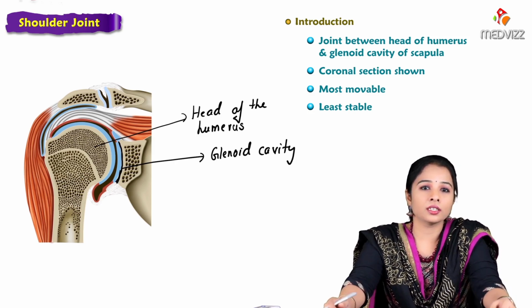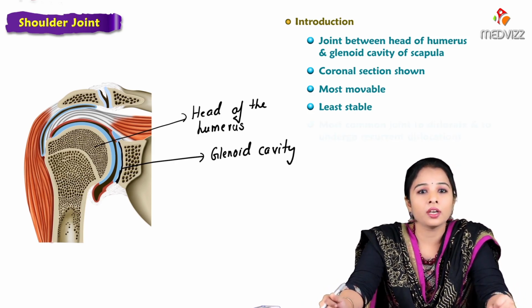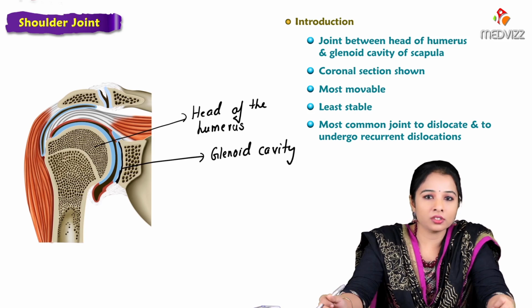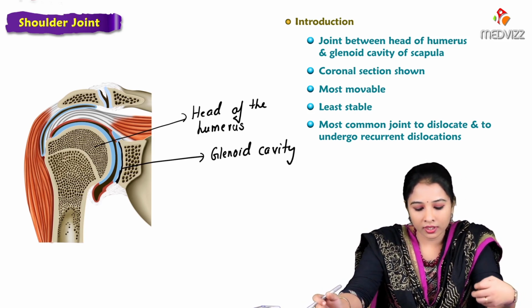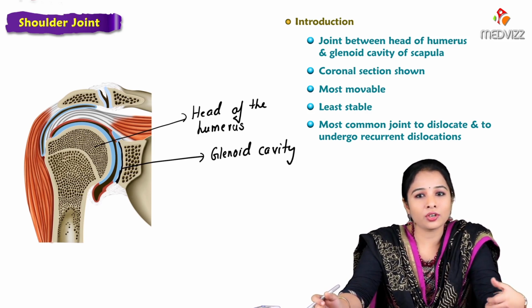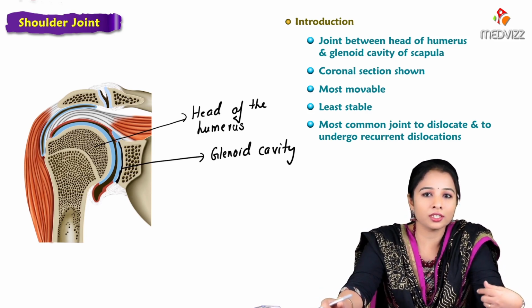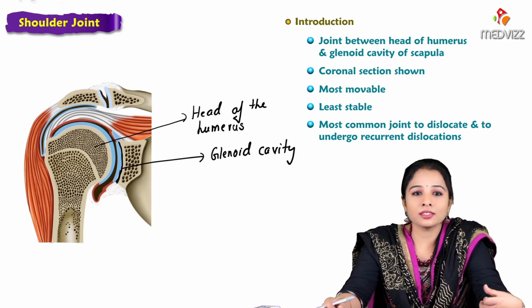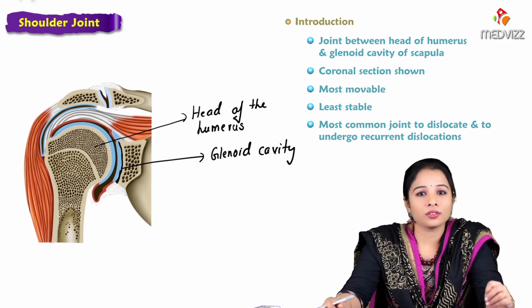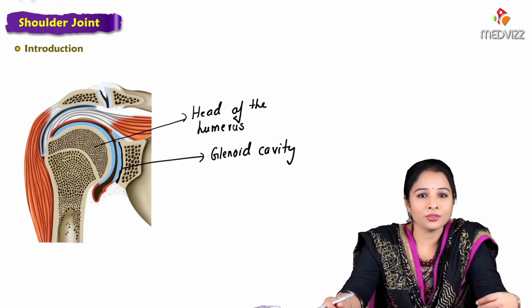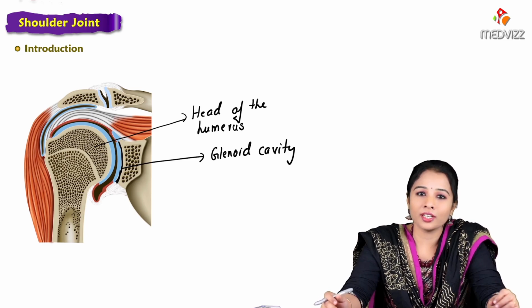It is a very less stable joint, and the most common joint to dislocate and to undergo recurrent dislocations. So it is clinically a very important joint, and that is the reason it is important to know its anatomy. Students, you must read it very thoroughly.